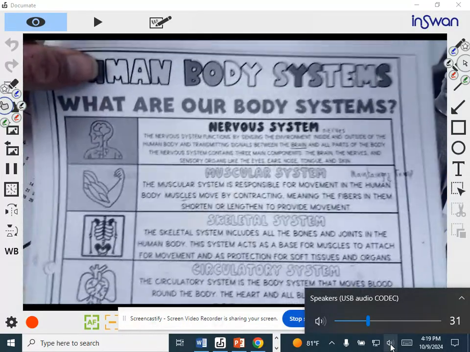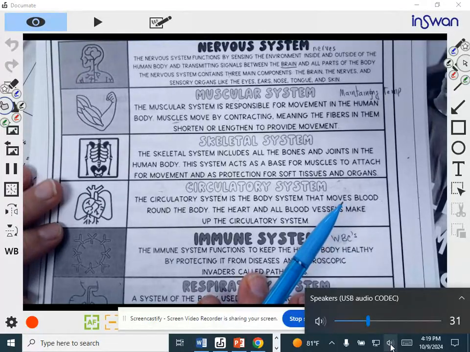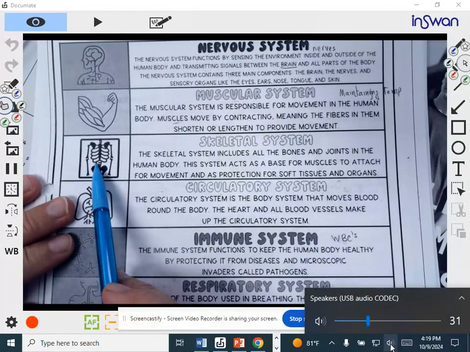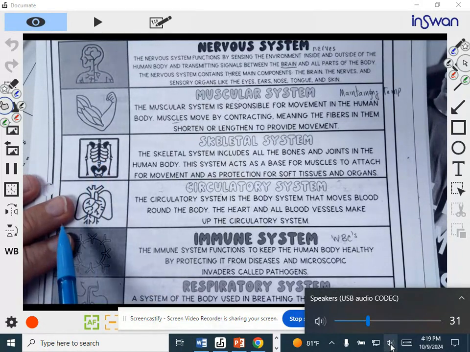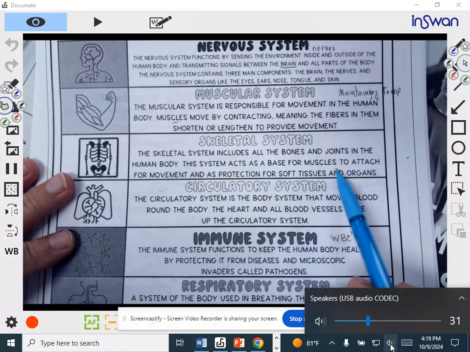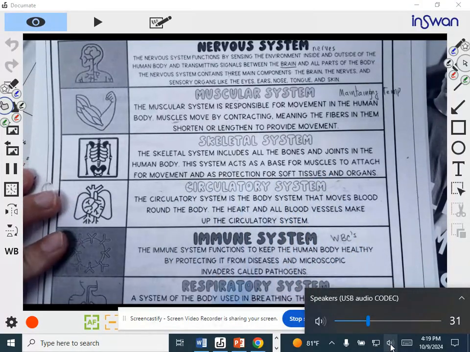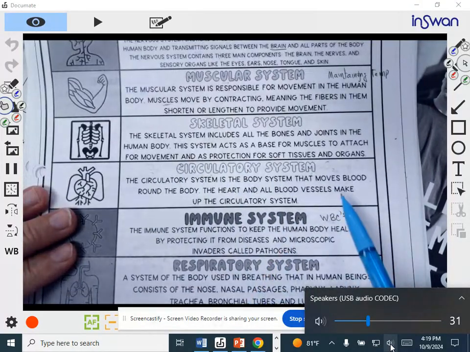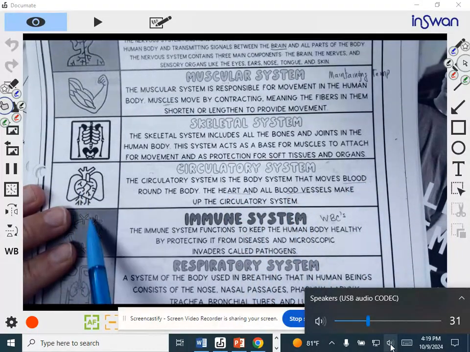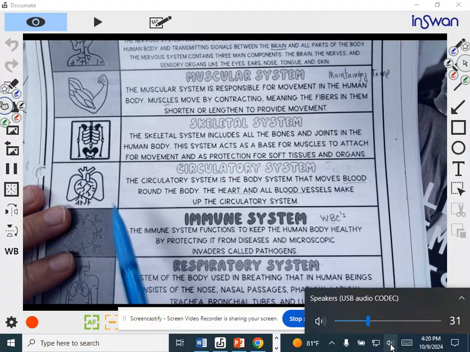Your skeletal system is also involved in movement. Also protection. Think of the vital organs that are in the rib cage, like your heart and your lungs, and they're protected by the bone. So your muscles can attach to your bones, so then you can move, but also protection. Circulatory system, so the blood, the heart, your blood vessels help to move blood, and the blood is picking up O2.